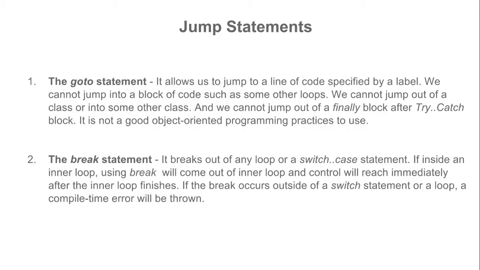It doesn't mean that if we have a loop inside another loop and put a break statement inside the child loop, the control will come out of all the loops. So break comes out of the current loop, not its parent loop. If we want to come out of the current loop as well as the parent loop, then we have to put a break statement at the inner loop level as well as the outer loop level. We'll see this in the demo now.